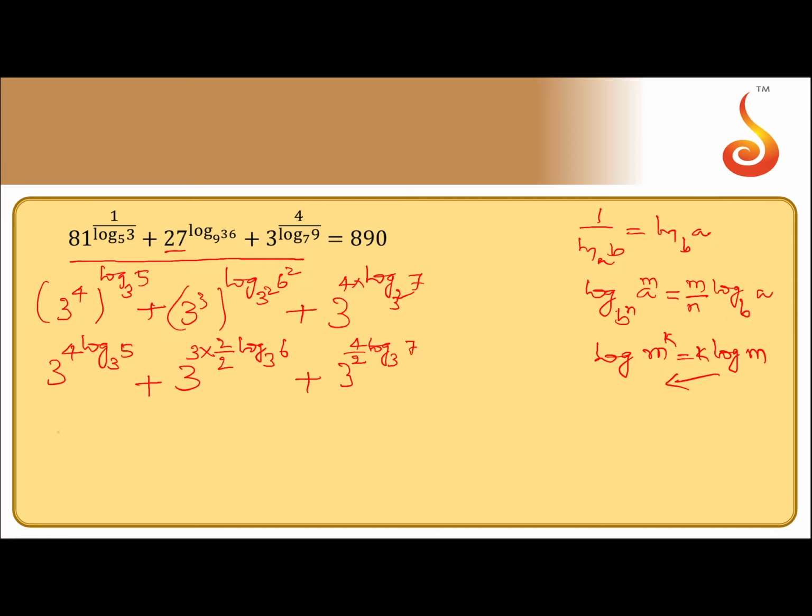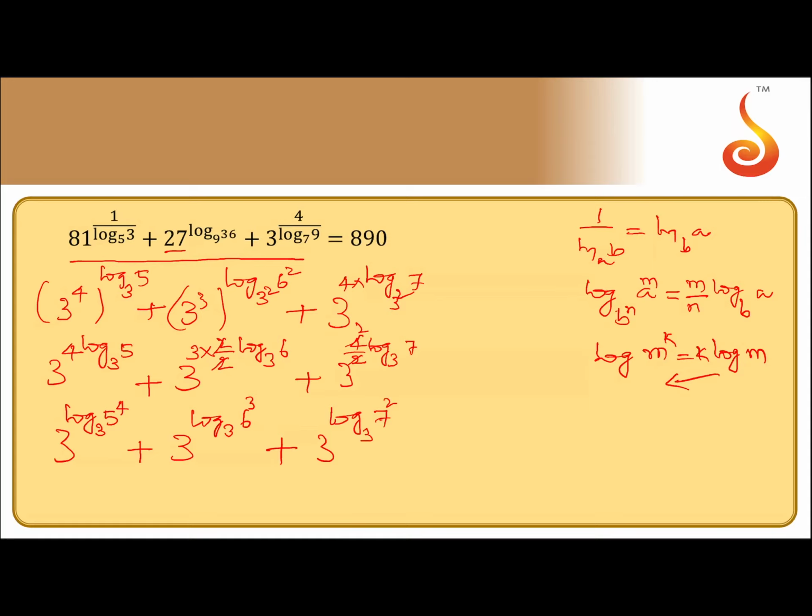By using that formula, this can be written as 3 to the power of log 5 to the power of 4 to the base 3 plus, here 2 gets cancelled, 3 power log 6 cube to the base 3 plus 3 power 1, 2 gets cancelled, you will be getting log 7 square to the base 3.